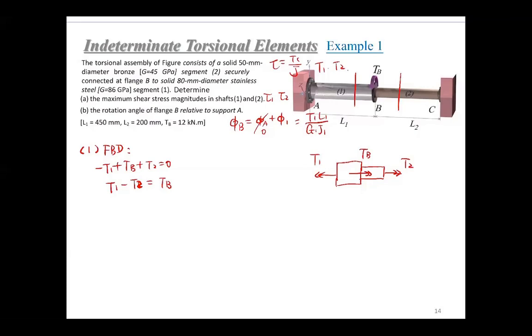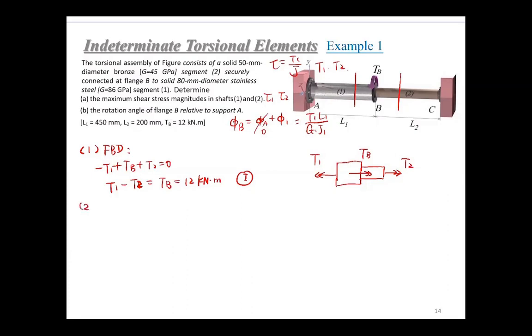And TB is 12 kilonewton meter. This is our equation 1. One equation, 2 unknowns, T1 and T2, you have no way to solve them. So we have to follow our 4 steps to solve this indeterminate problem.